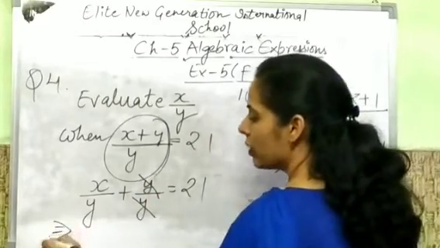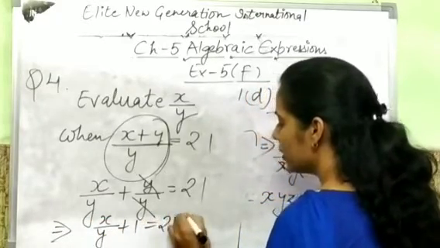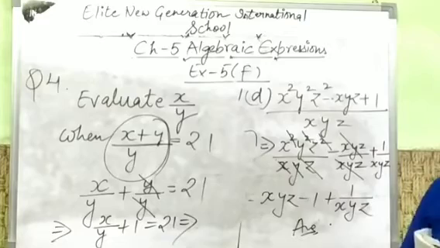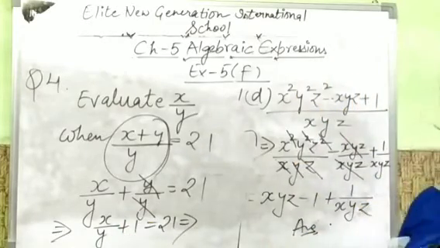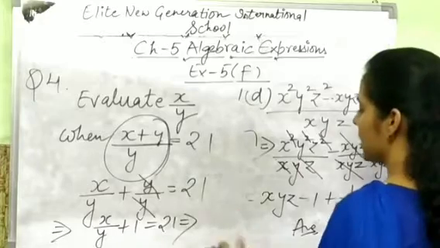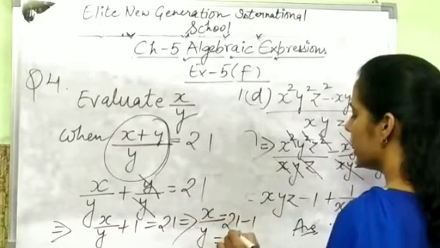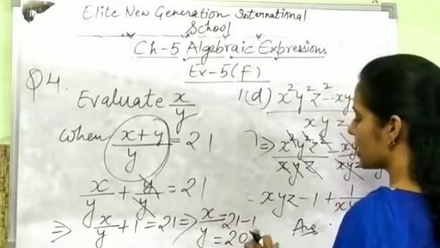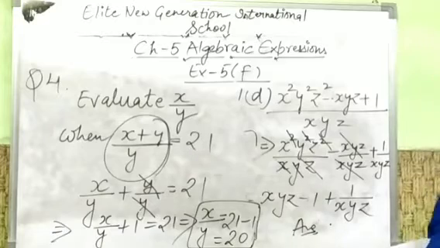So now the next step will be x upon y plus 1 is equal to 21. Now what we need to do is shift this plus 1 to the right hand side and we'll get the answer. x upon y equals 21 minus 1, which means 20, and this is the value of x upon y. Okay, this is the answer.